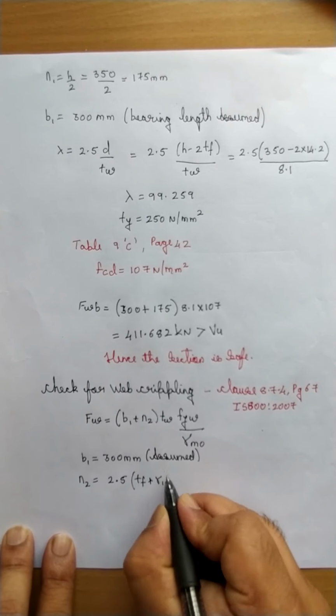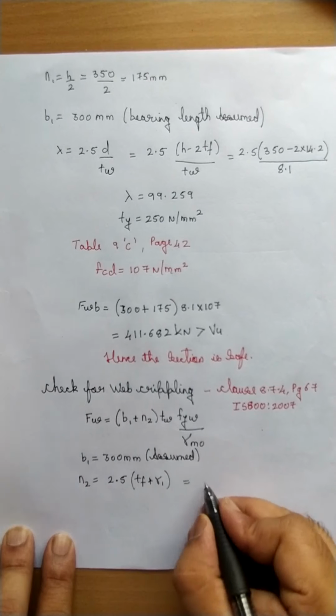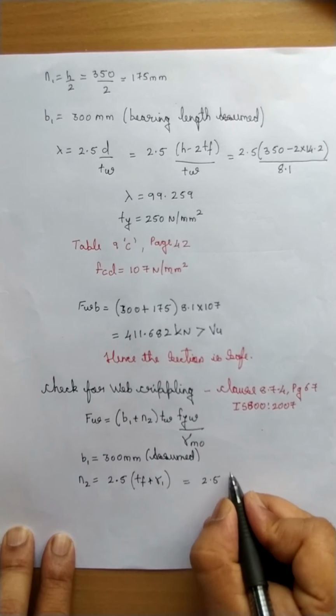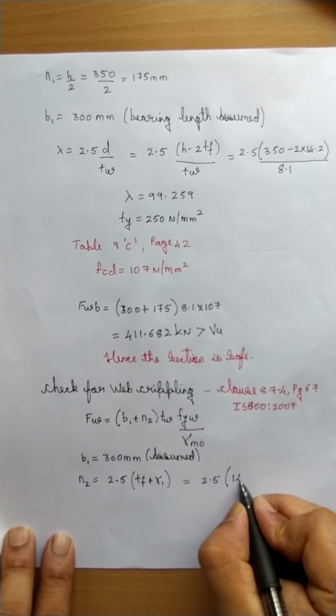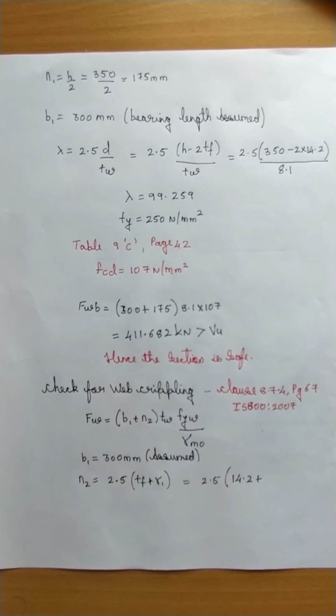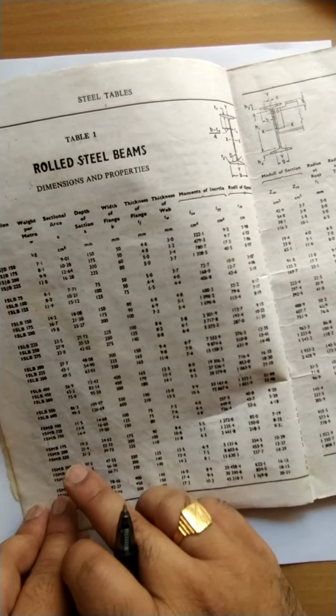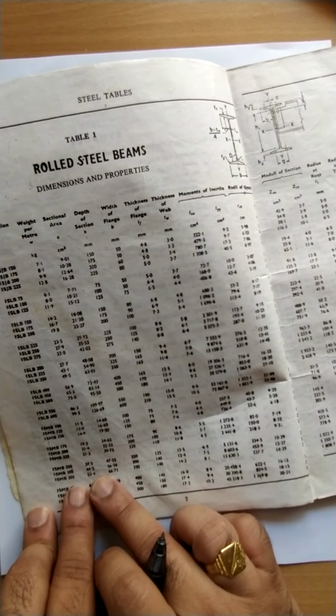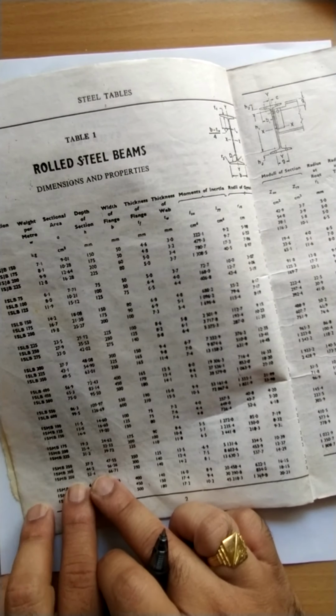So this is thickness of flange plus root radius. So 2.5 into thickness of flange, which is 14.2, plus R1. Now what is this R1? This R1 you will get from the steel table itself. I will just show it to you. So this is a steel table. This is ISMB 350 at 52.4 kg per meter.